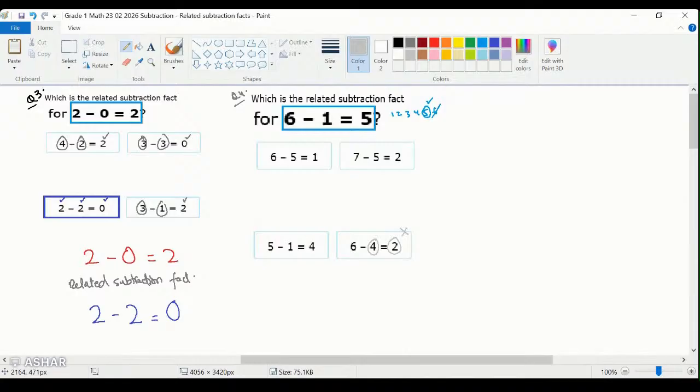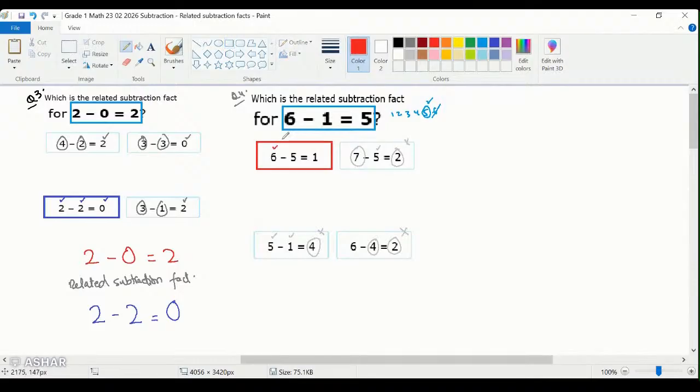We have 5, we have 1, but we don't need the 4. We have the 5, but we have the 7 and 2. That means we don't need this either. So what we can say is in the first option, we have all the possibilities.